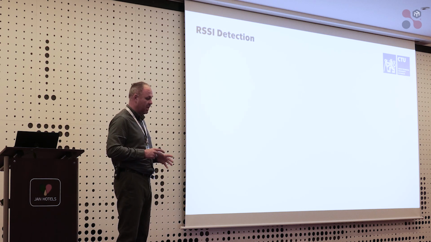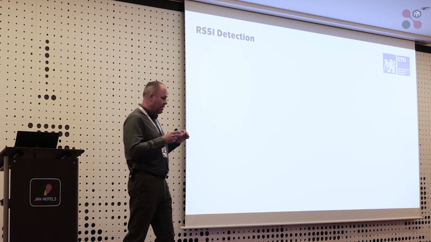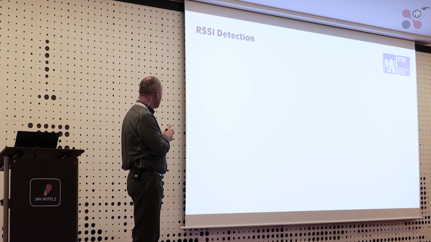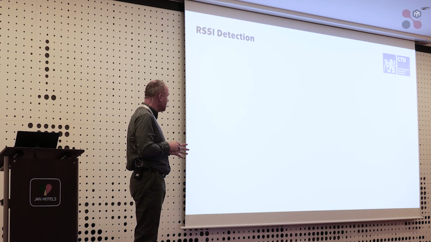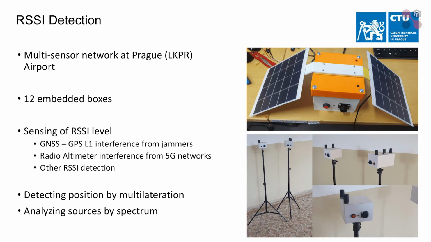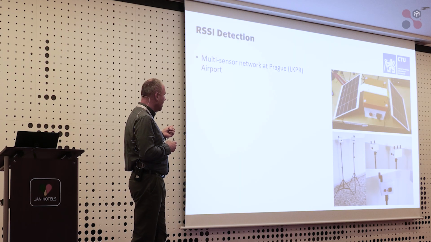That's one thing. But the project which I would like to talk about is more ground-based. A year ago, we deployed a couple of boxes. It started as a very hobby project.